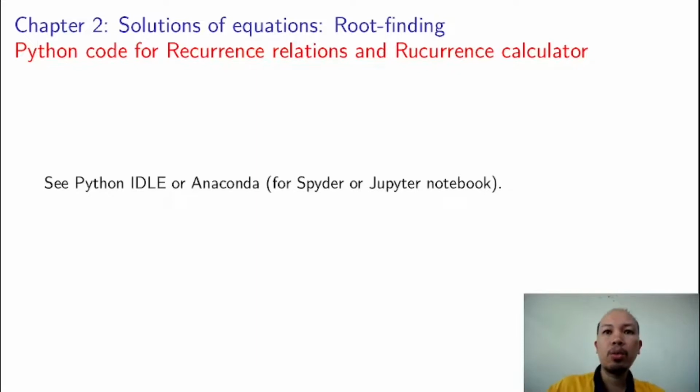Okay, let's try to code example 26, those 5 problems, and also illustrate to you how to use the recurrence calculator. So before we write the Python code for recurrence relation, let's start with the code for the Fibonacci sequence.